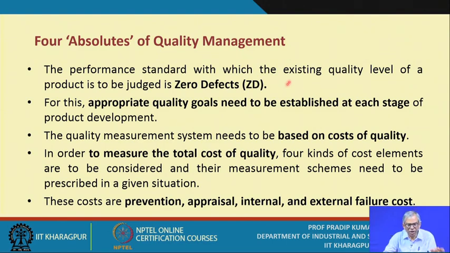So for this, appropriate quality goals need to be established at each stage of the product development. That means during product design, during process design, and during manufacturing. The quality measurement system needs to be based on cost of quality. There is a concept called cost of quality.